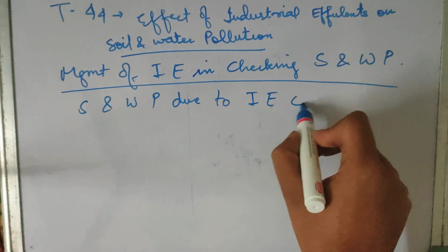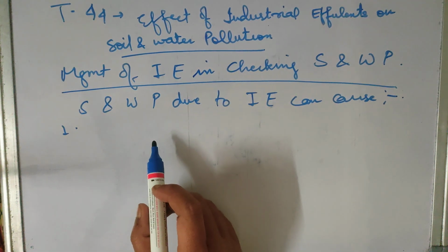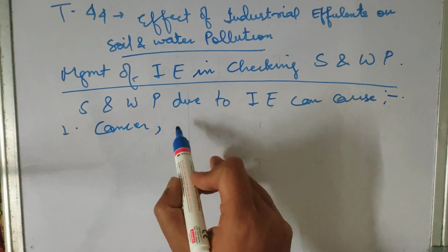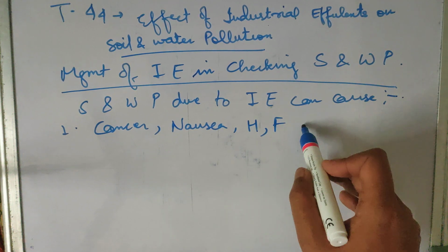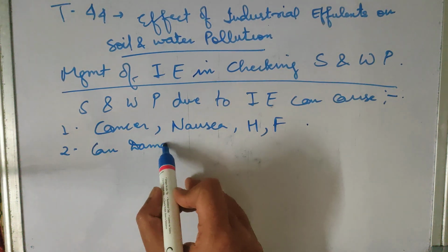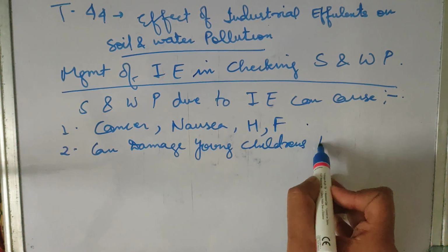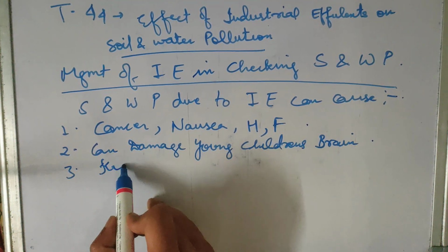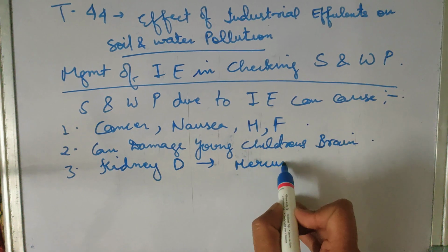First of all, cancer, nausea, headache, fatigue, can damage young children's brain, kidney damage, for example, by elements like mercury.